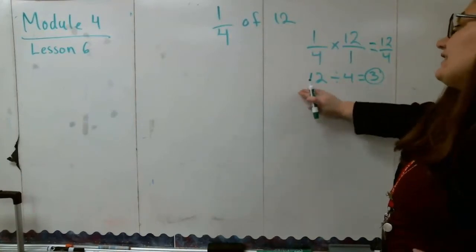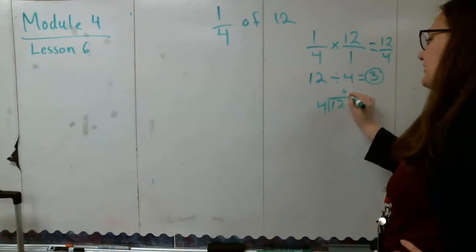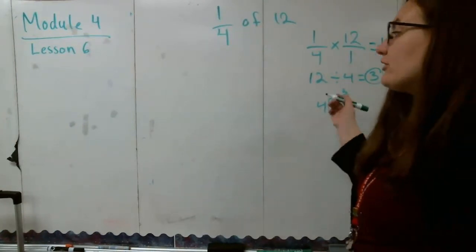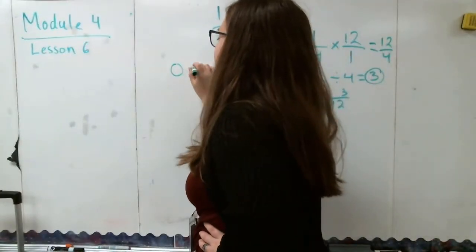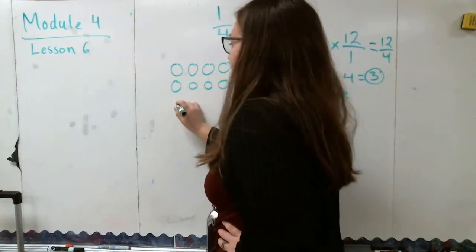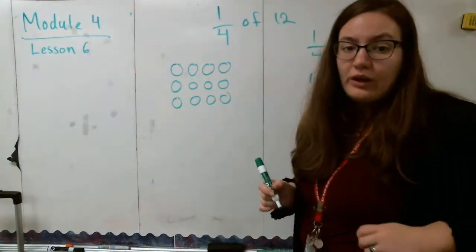Now, again, if this part confuses you, or if you write it as a standard algorithm and you have difficulty figuring out what this number is up here, that's when you could also then try the model. So we have 12 total dots right now. So we have 4 by 3, which gives me 12 total dots.